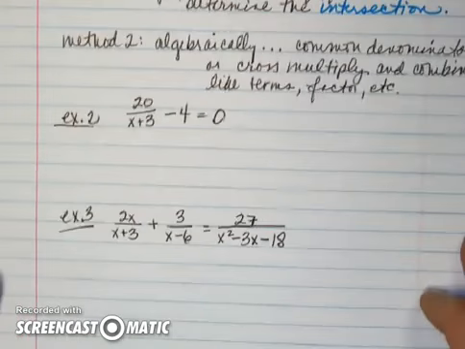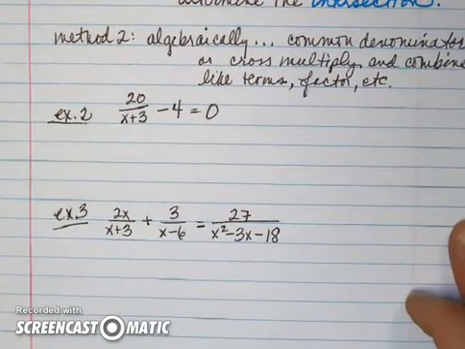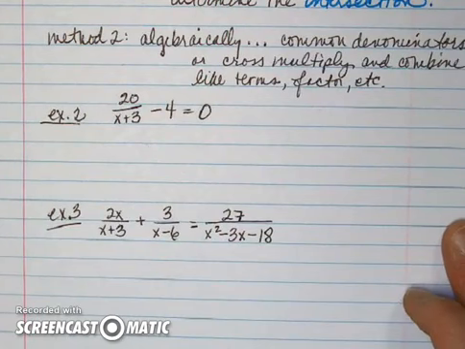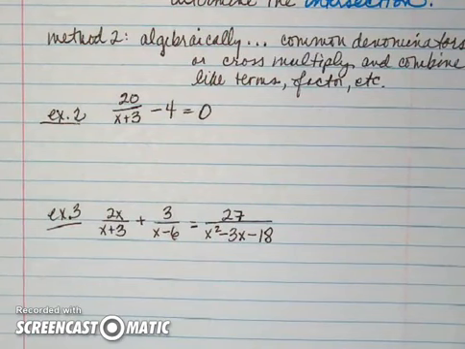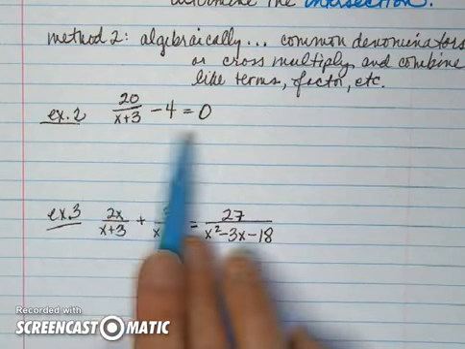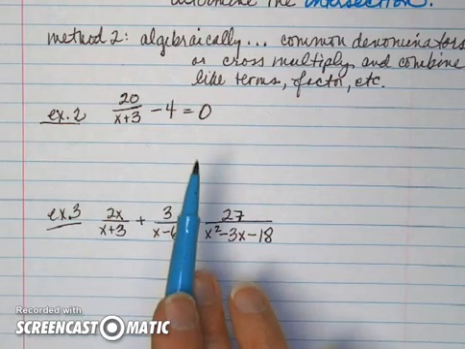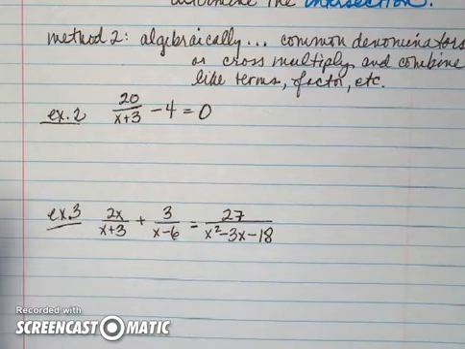The first example here is 20 divided by x plus 3, minus 4, equals 0. Now that's important. It says equals 0, so you have an equation here and you can now solve this. I'm going to move the 4 to the other side.